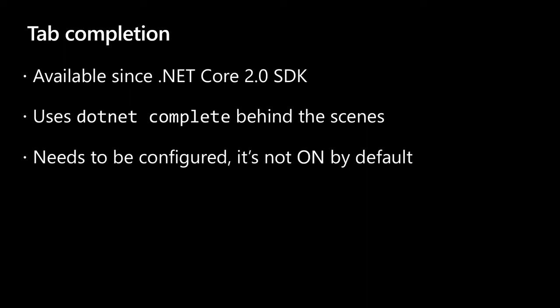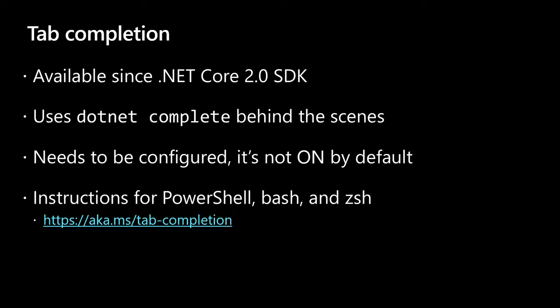But it needs to be configured. It's not on by default. Because it's unique to each shell, you need to configure it for your specific shell. If you go to this URL, which is on docs, aka.ms/tab-completion, you will find instructions for PowerShell, Bash, and ZSH.